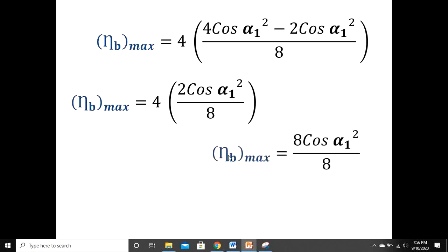Therefore, maximum blade efficiency is equal to 8 cos square alpha 1 divided by 8. Therefore, maximum blade efficiency is equal to cos square alpha 1 for an impulse turbine. Thank you.